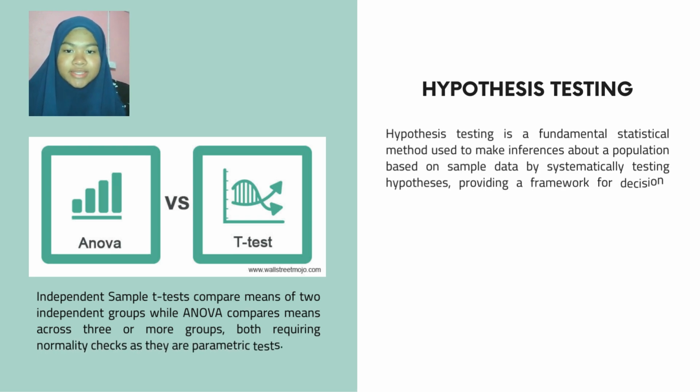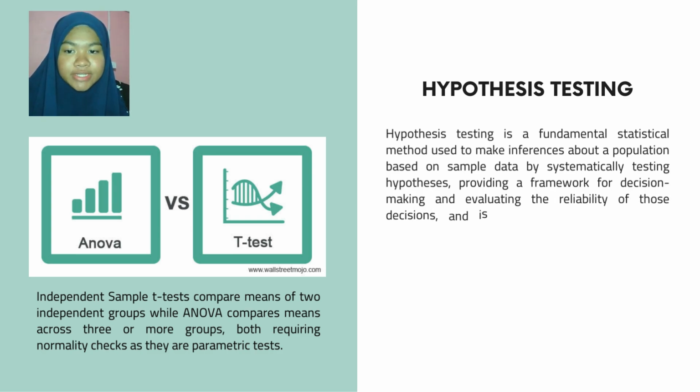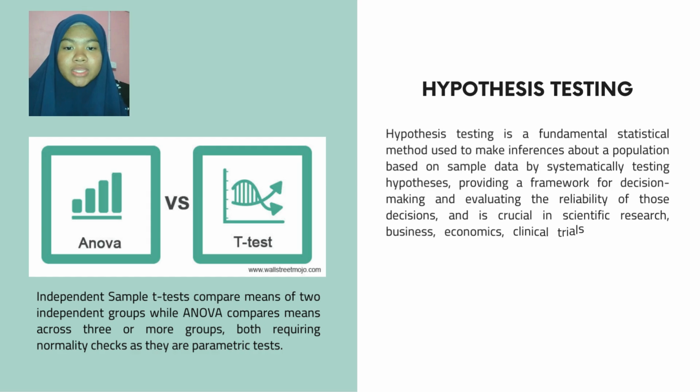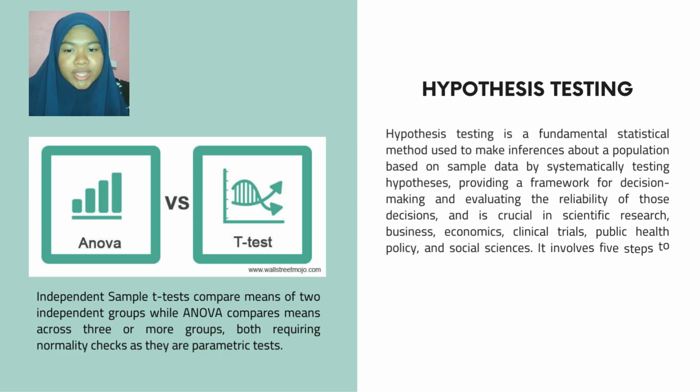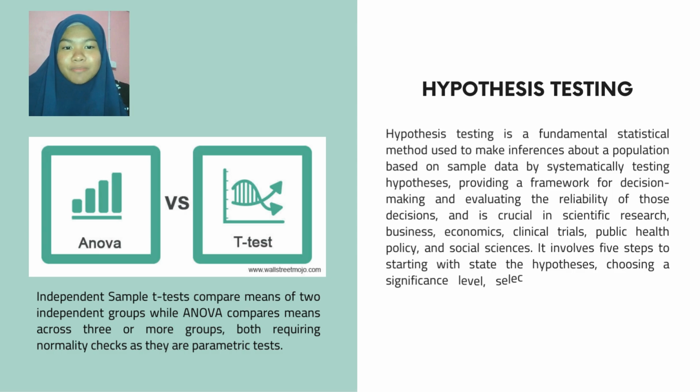Hypothesis testing is a fundamental method used in statistics to make inferences about a population based on sample data. It involves making the hypothesis about a population and then using statistical methods to determine whether the sample data support or refute this hypothesis.